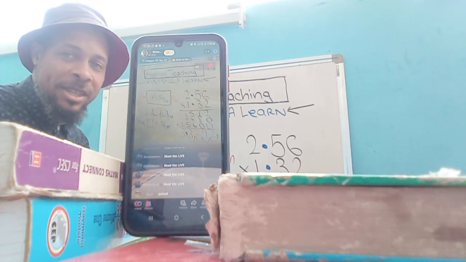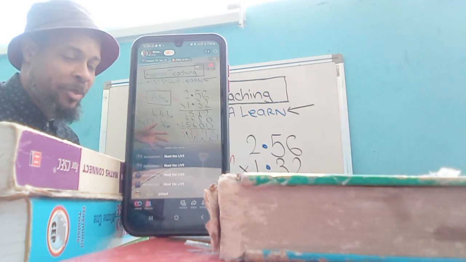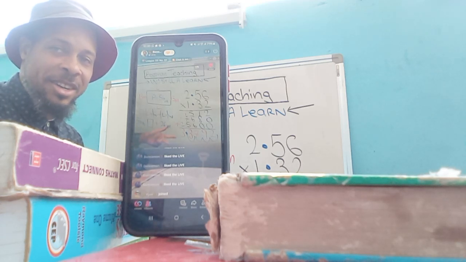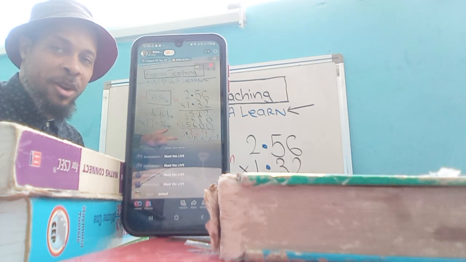So use yourself as 26, 27, 28, 29, 30, 31, 32, 33, 34, 35, 36, 37, 38, 39, 40, 41, 42, 43, 44, 45, 46.